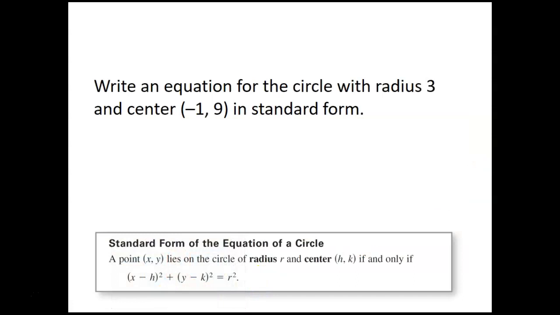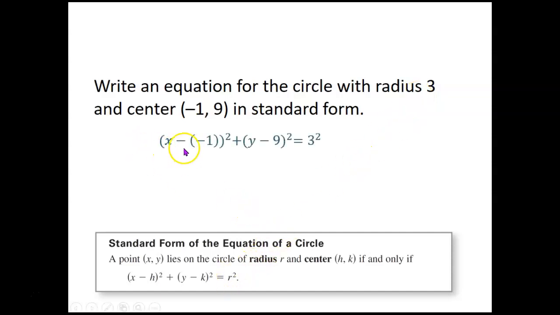So let's try an example. Let's write an equation for the circle with radius 3 and center (-1, 9). So we just take this (x minus h) squared plus (y minus k) squared equals r squared formula, and in place of h we put -1, in place of k we write 9, and in place of r we're going to put the number 3.